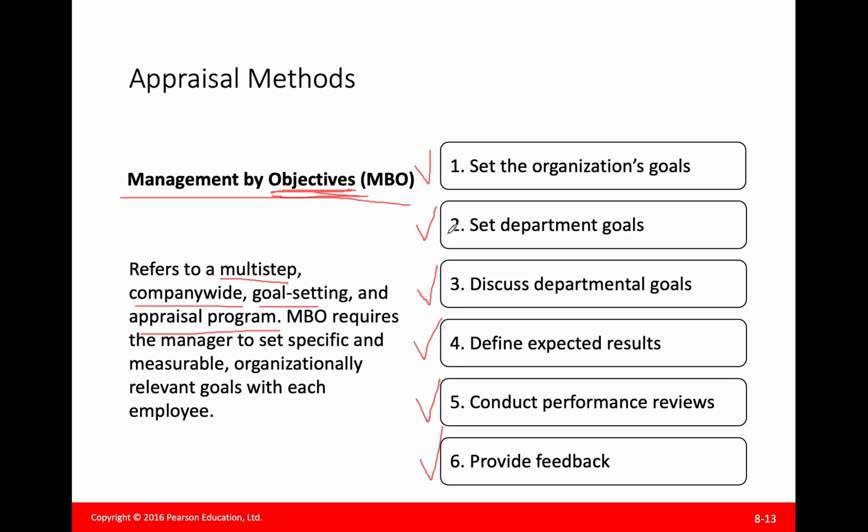So this means it needs to come from the organization up here and go down to the employee. So from O to E here. So for each of the employees, whenever they work, their work needs to be relevant to the goals of the department. Goals of the department need to be related to goals of the organization.